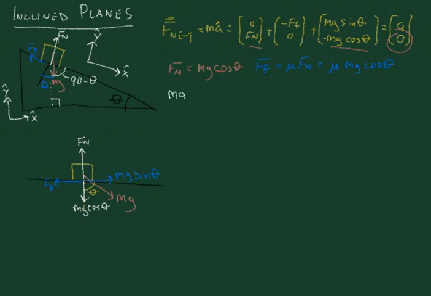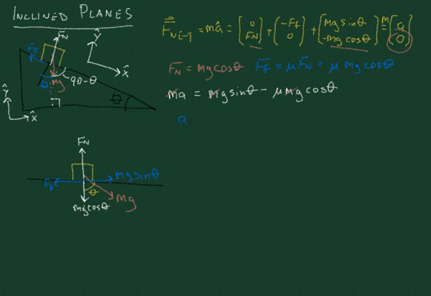Oh, sorry, I left an m off of here, which we need, not just to make the units correct, but also because we have forces over here, so we need to have a force on that side. Okay, so now we can say that ma is equal to mg sine theta minus the frictional force, mu mg cosine theta. And cancel out the masses.